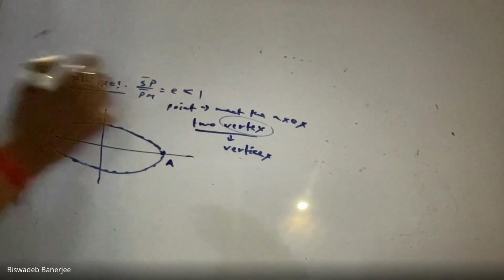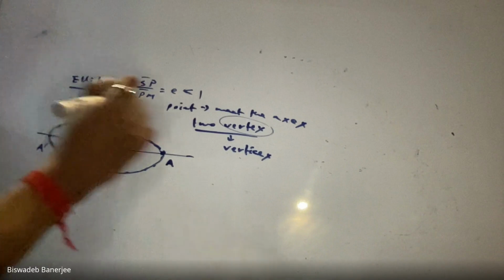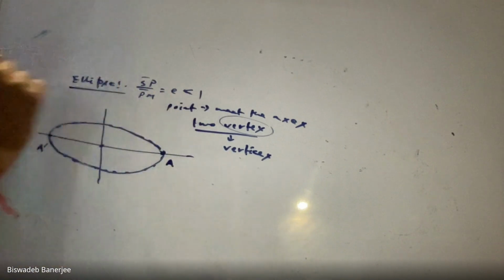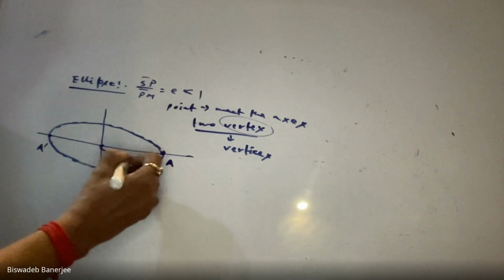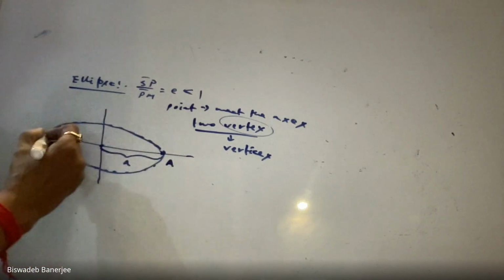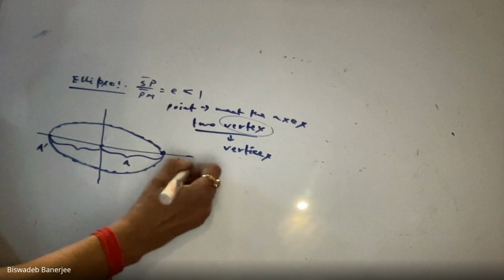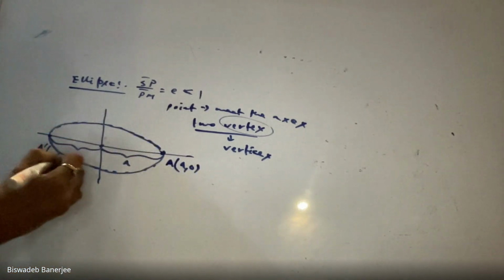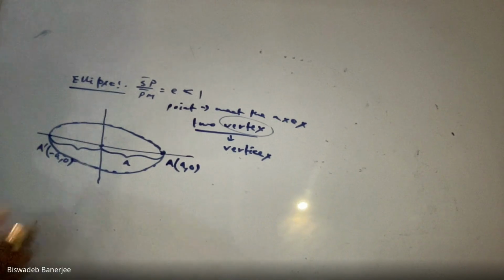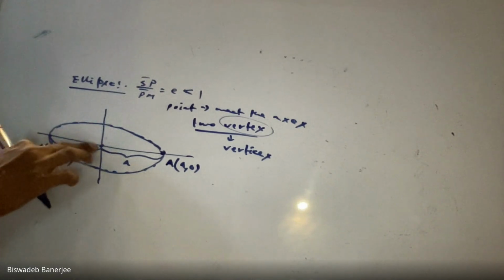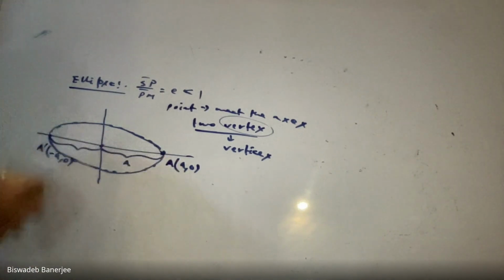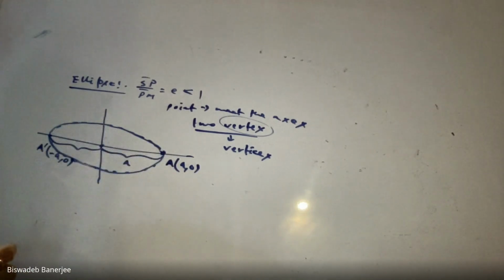Clear? And do we know what the vertex is? Here for the vertex, this distance will be a. So there are two vertices: one is (a, 0) and the other is (minus a, 0). Just like the focus of the parabola, here the distance between the origin and this vertex is a.